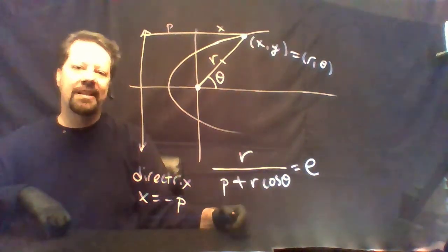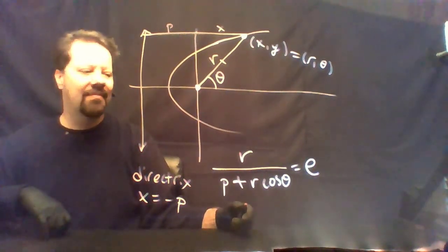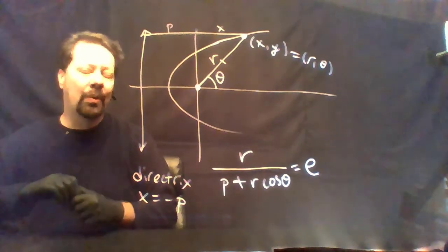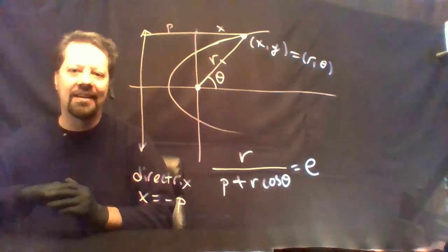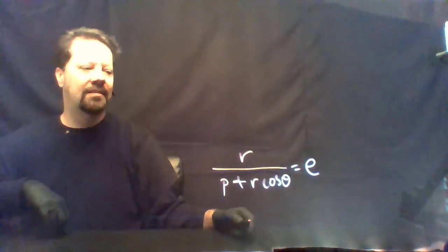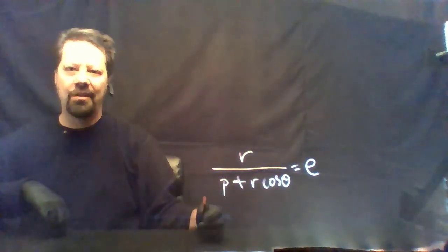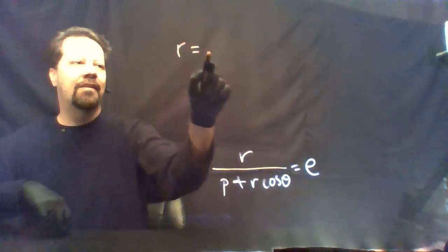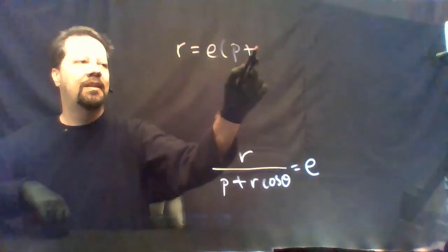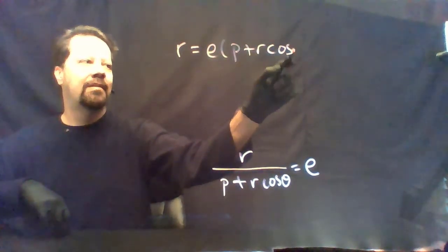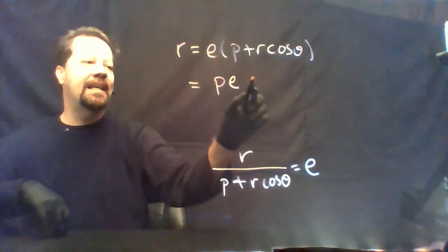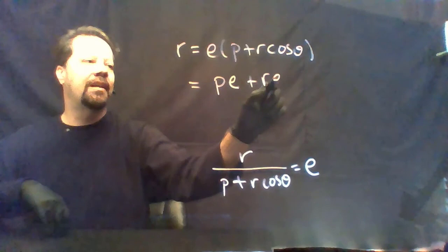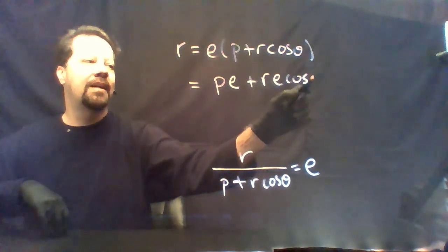This ratio must be the eccentricity e. We can then solve for the polar equation of a conic section by solving this equation for r as a function of theta. Multiplying the denominator over to the right, we have r equals e times p plus r cosine theta. Distributing, we have pe plus re cosine theta.